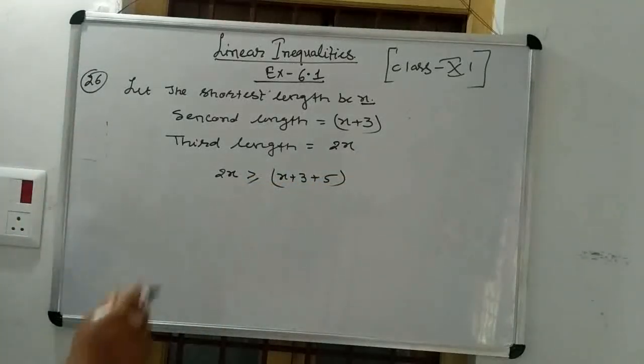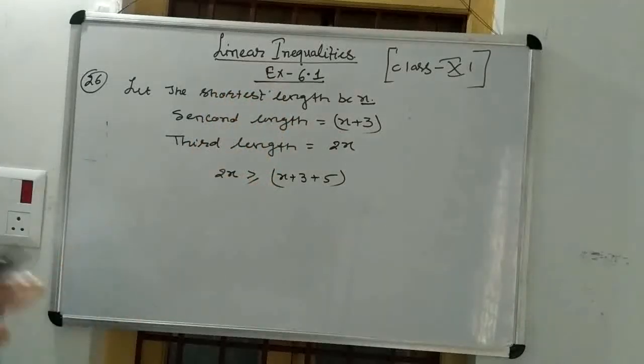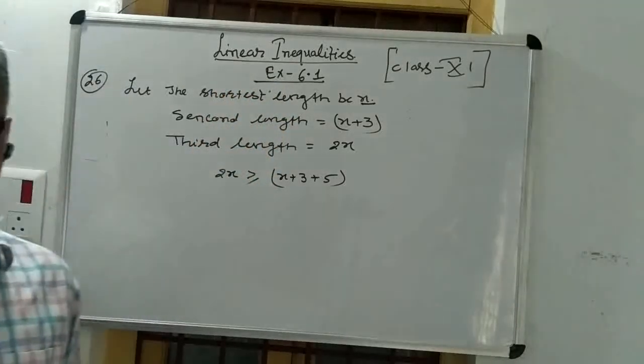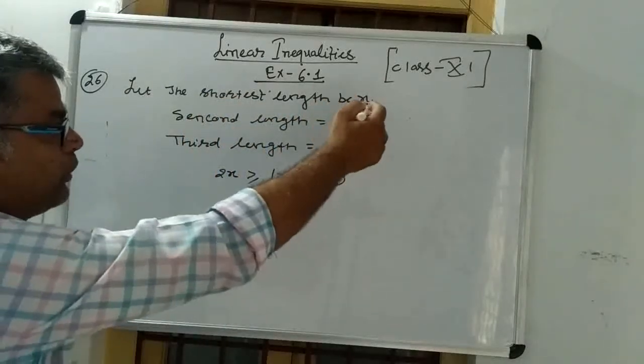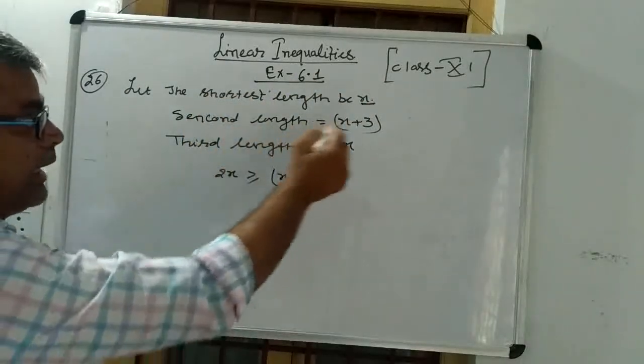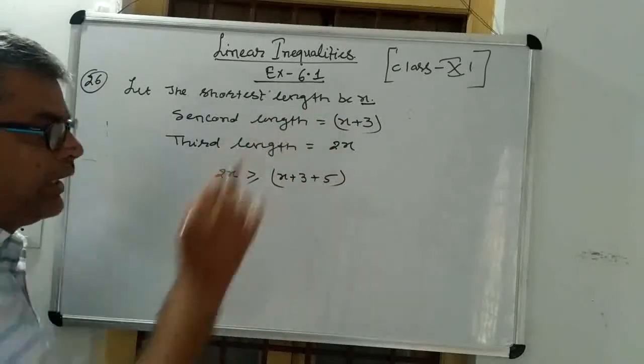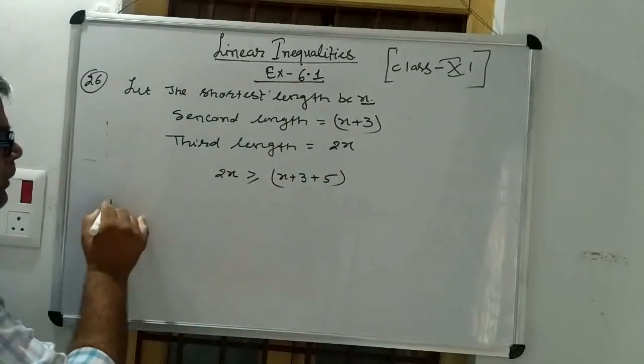Now the condition: a length of 91 centimeter has to be divided into 3 parts. The shortest length is x, the second length is x plus 3, and the third length is 2x.